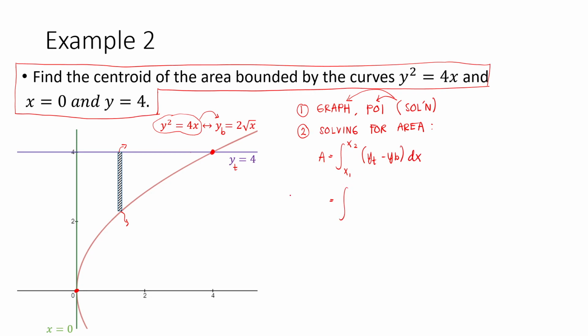So again, the limits of integration is from x1 to x2. So that will be from 0 to 4. And then y top is the line y equals 4. So that will be 4, and then minus the bottom part, which is the red graph, 2 square root of x, and then dx.